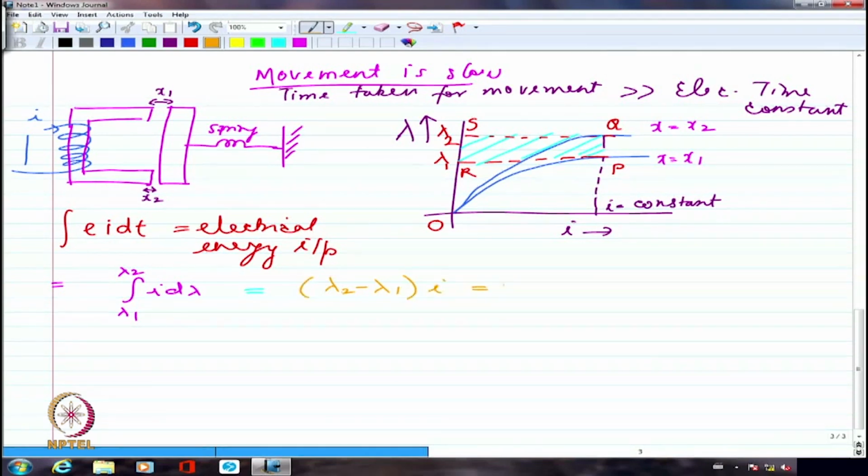Or I may say area of the rectangle, which is PQRS or PQSR, whatever. That is the area representing the electrical energy input during this particular duration of the complete movement that has taken place.